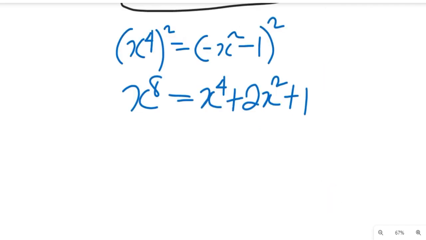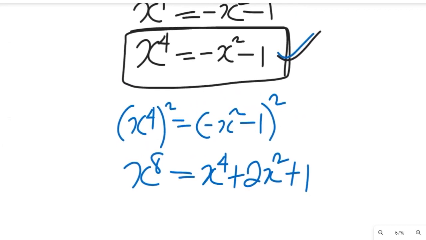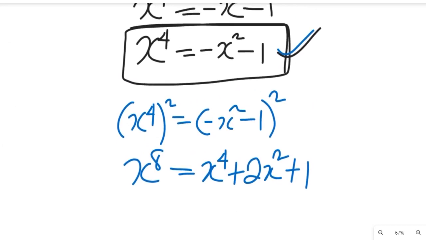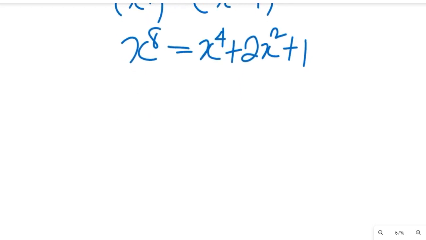So recall that x to the power of 4 is equal to minus x squared minus 1. So if we bring that value into this expression, we're going to have our x to the power of 8.